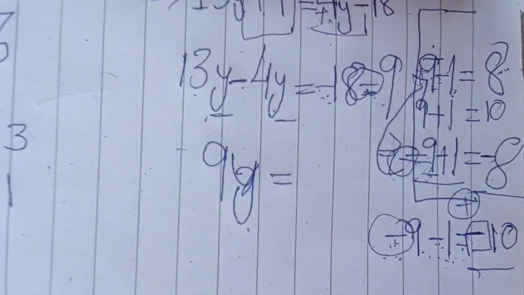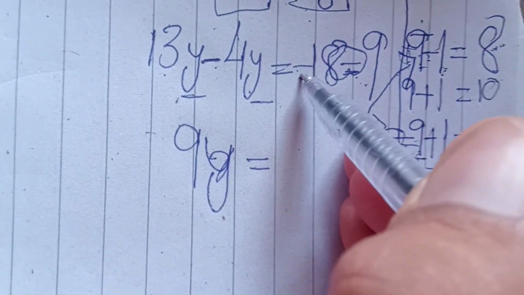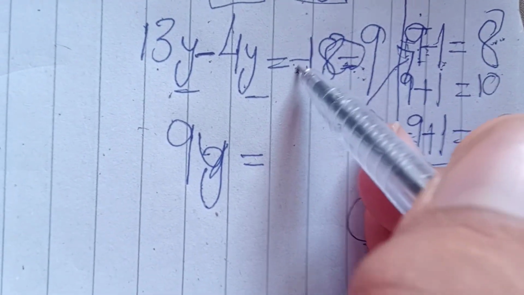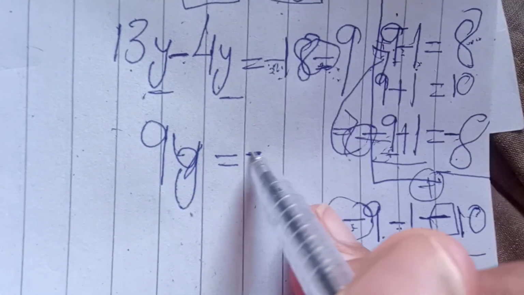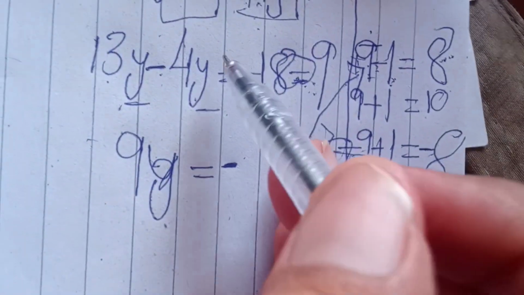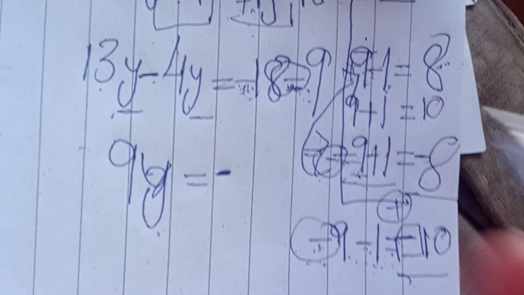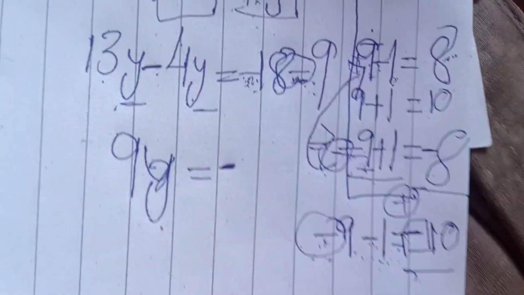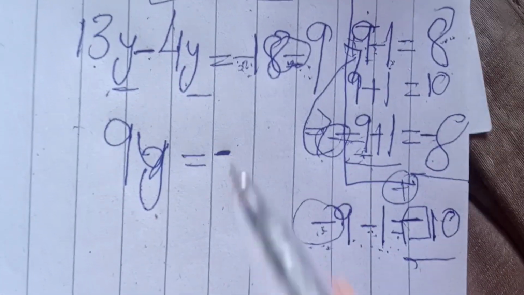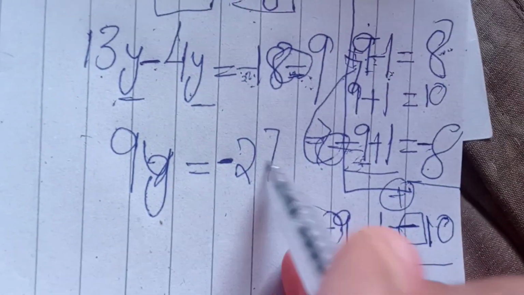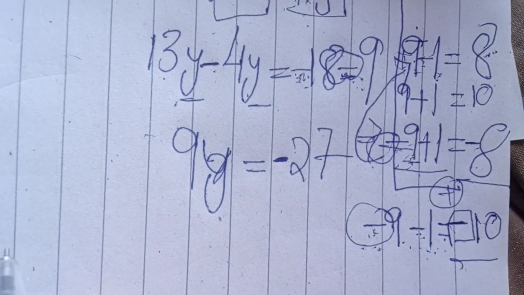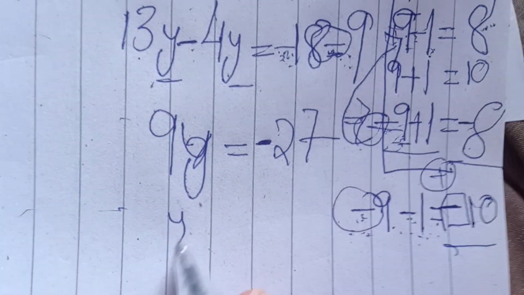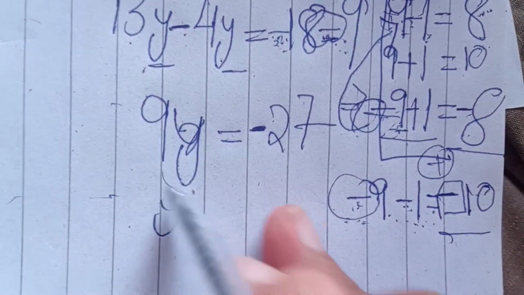Now here are two numbers with negative signs. I will give my answer also a negative sign. But with minus minus, we add these values. So 18 and 9, we get a value of 27. I want to find the value of y.